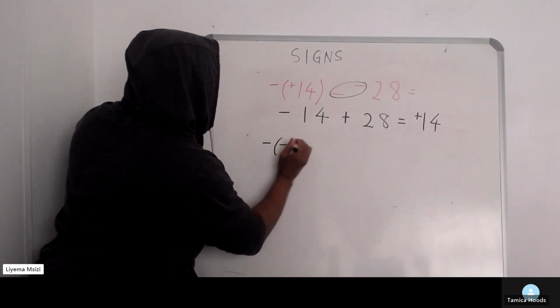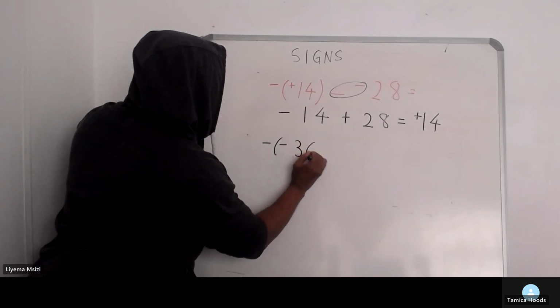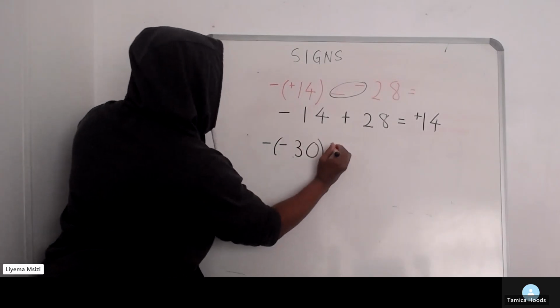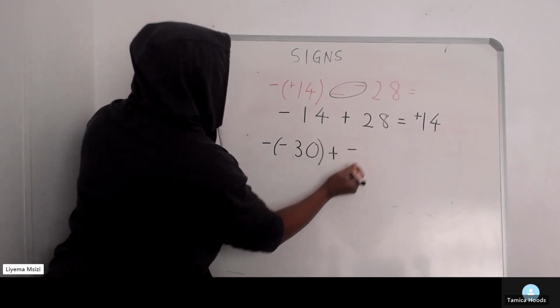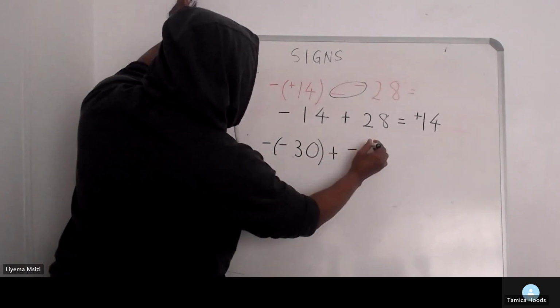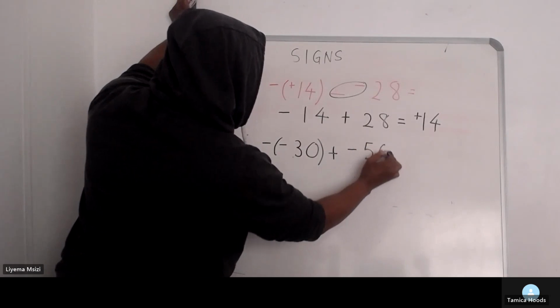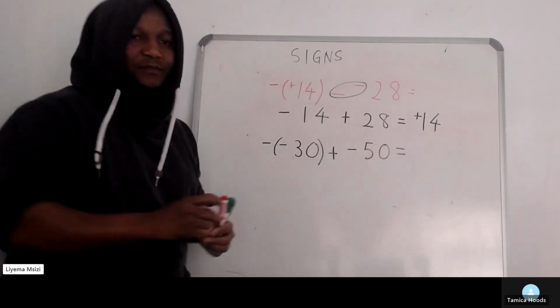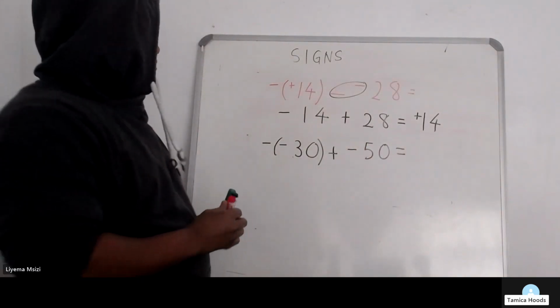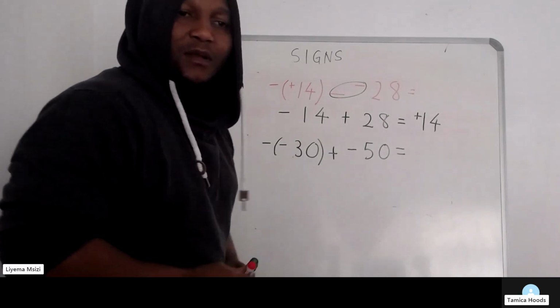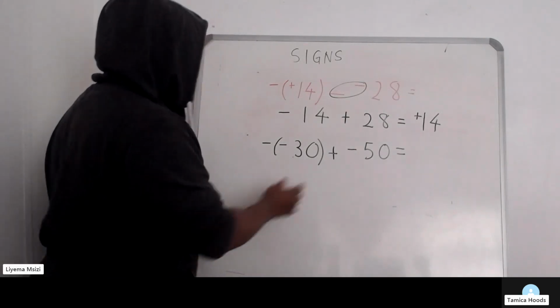Okay. Let's say somebody gives you negative 30 and then plus minus 50. How would you do this one? So we are going to look at the signs.